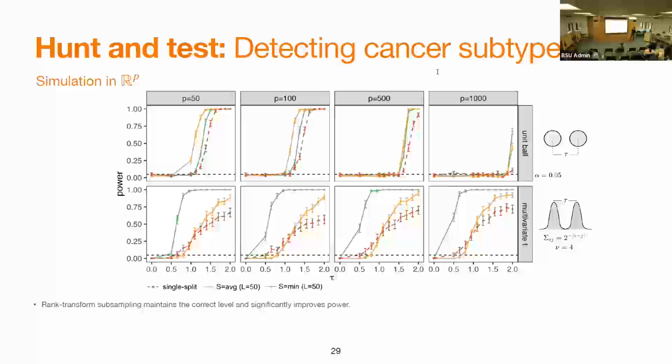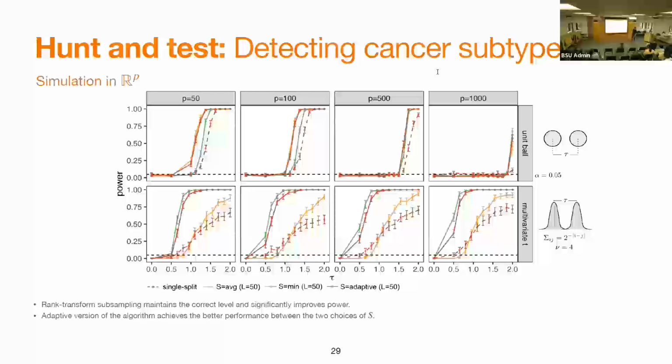And this is the behavior when using a different aggregation function, in this case, the minimum. And you could see the minimum seems to be working better, getting a bigger gain in the power for multivariate T. And we also have a version of our implementation that automatically adapts to the best of a collection of aggregation functions.